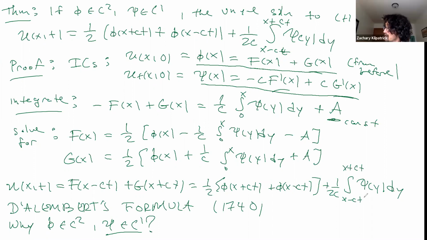You can take care of one differentiation because it's shrouded in this integral, but you have to be able to differentiate psi at least once. So we essentially need u to be C2 in this case. Even if phi and psi are less regular, you can still typically write down a weak solution, maybe one that's not differentiable everywhere.